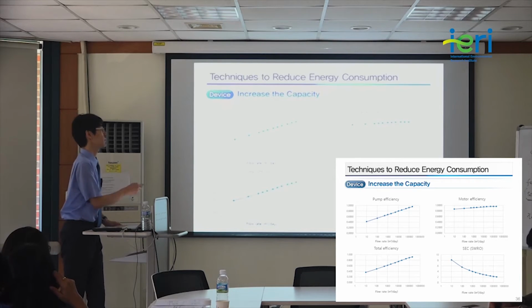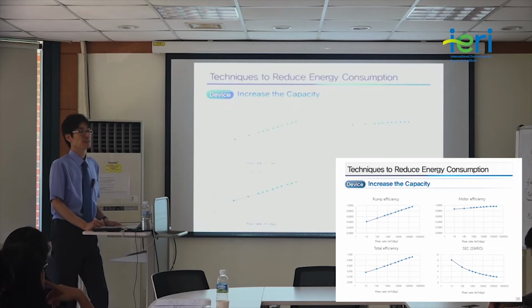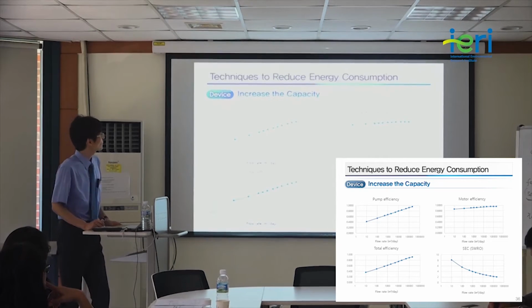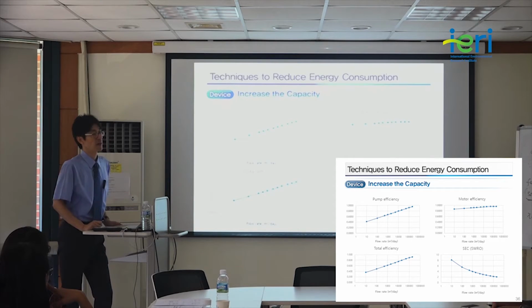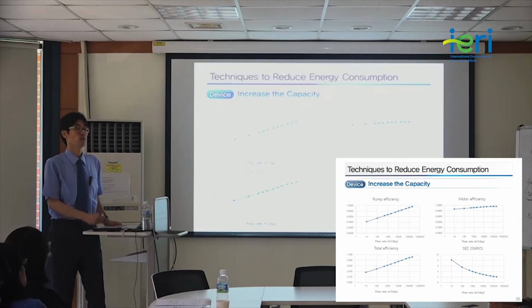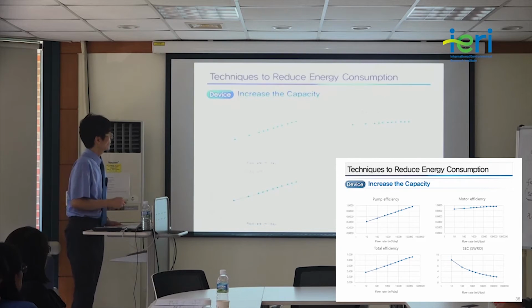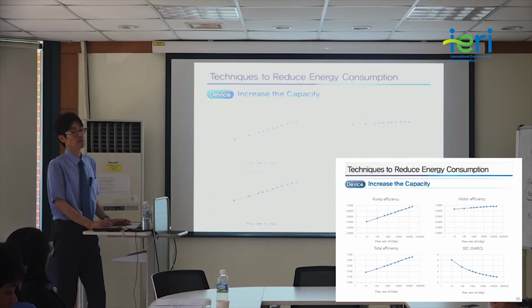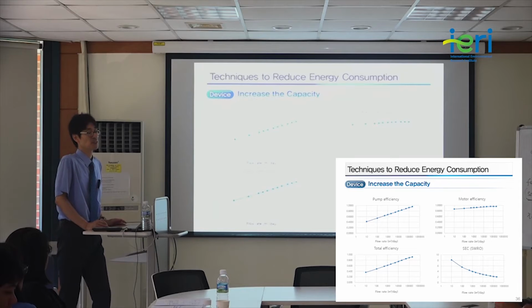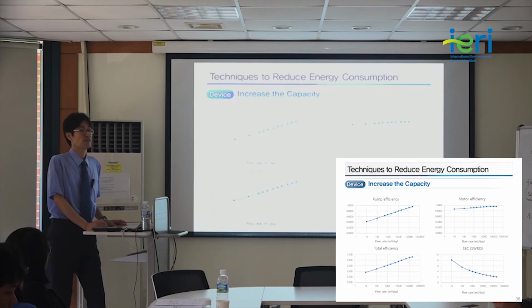The meaning of this graph is that if you increase the size of a pump, the pump efficiency will increase from 0.4 to around 0.9 or more. So even if you have the same type of pump, depending on the size of the pump, the efficiency will change significantly.